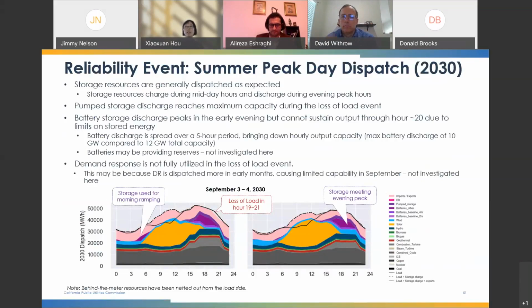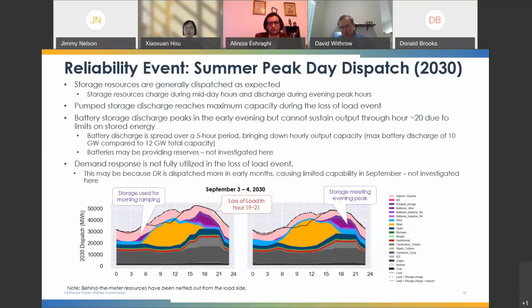So if you look into the evening hours, especially the loss of load hours, starting from the darker purple area right below the imports area, that's showing pump storage discharging at its maximum capacity. And then below that, you have a lighter purple area representing outputs from battery storage.